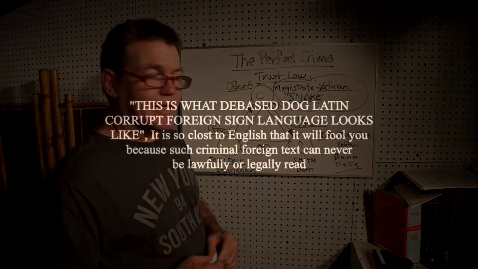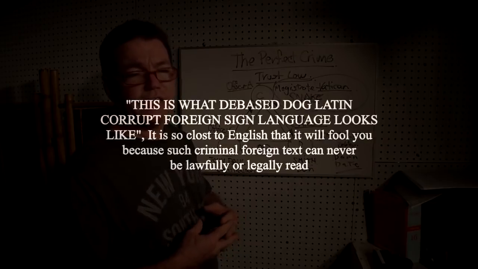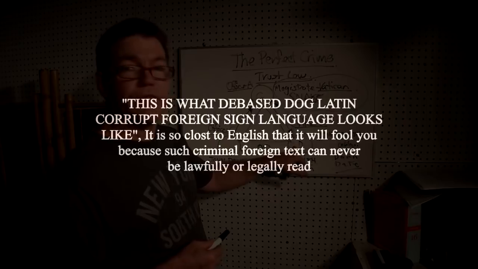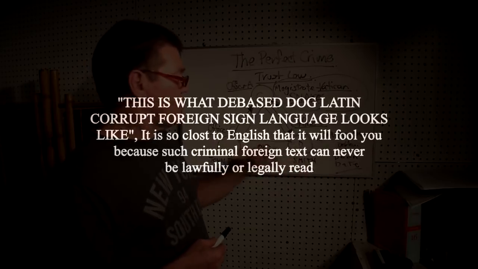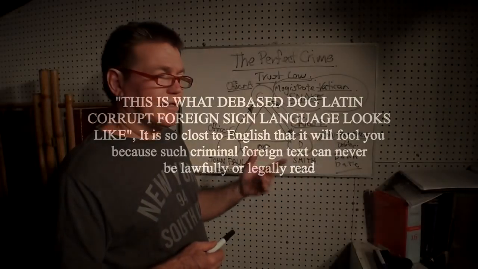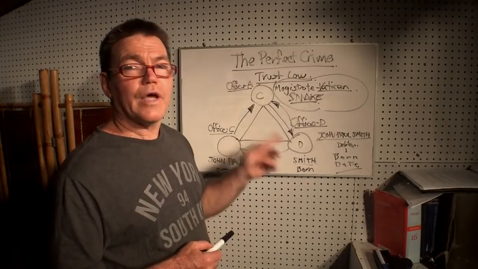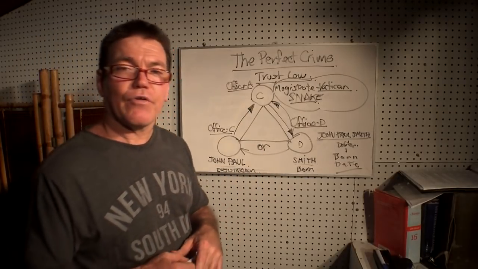It's a choice. That choice was established in the Garden of Eden with God, when he said to Adam, if you eat from the tree of knowledge, the tree of death, you will surely die. So there's no one or the other. There's no one and the other. It is just one or the other. That's the perfect crime.